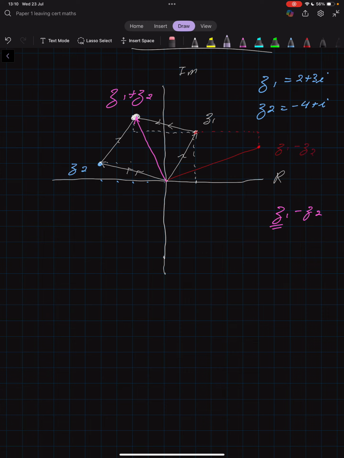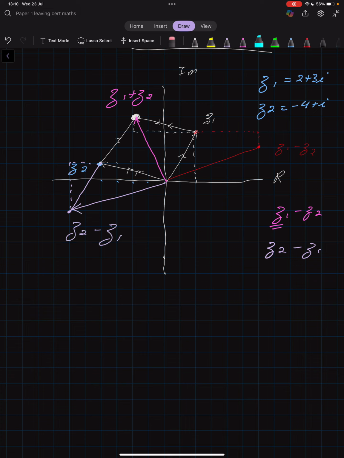And the same thing, if I go to Z2 and say, okay, well, what's Z2 minus Z1? You'd start at Z2. You'd say, okay, what's Z1? Z1 says you go to the right by 2 and up 3. So instead, I'm going to go to the left by 2 and down 3. So I get this one, which is Z2 minus Z1.